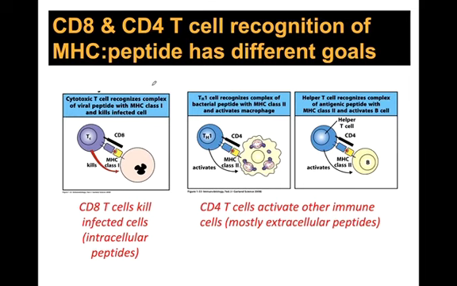Their job is more directing the response. And so they're going to be activated by antigens presented from extracellular sources. And those cells will then activate the macrophages, provide help to B cells, and provide help to the CD8 T cells. So they're not looking to go out and find infected cells and kill them, so they can recognize the extracellular peptides.